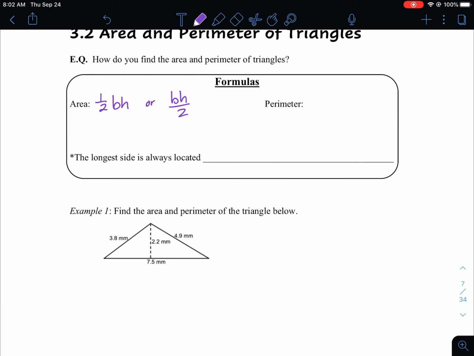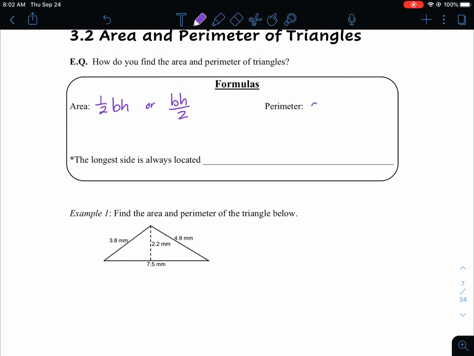The perimeter, we'll say, is A plus B plus C, where A, B, and C represent the lengths of the sides of a triangle.